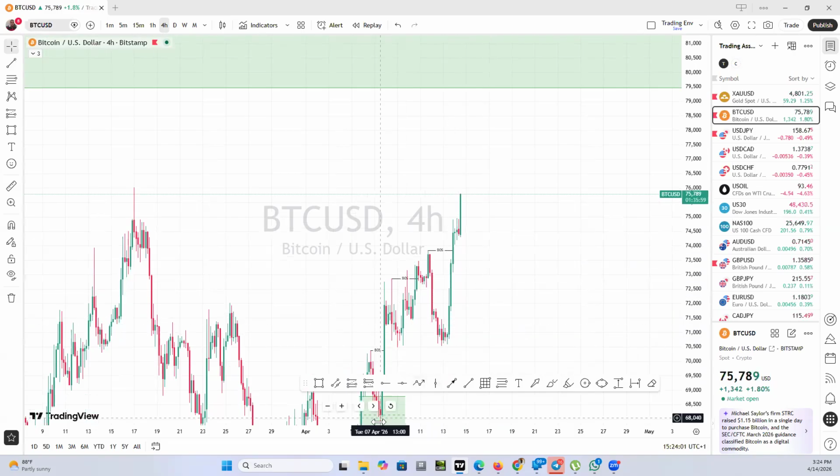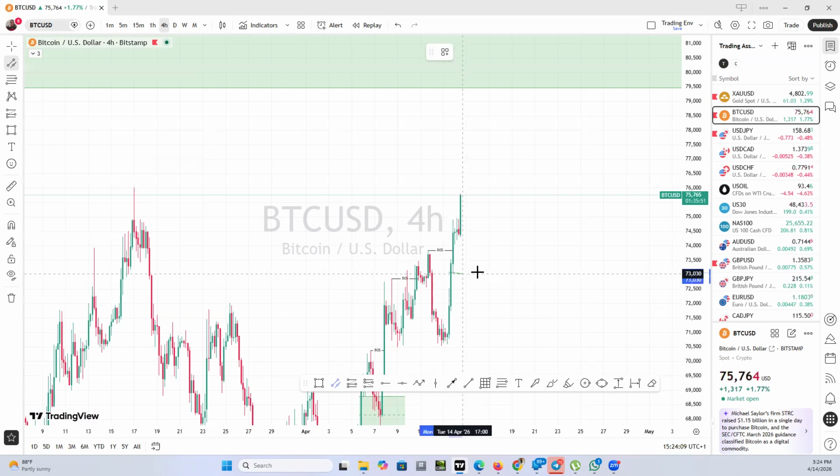So as you can see here from the 4-hour time frame, we have this FVG here. We have this FVG and we have another one down there.